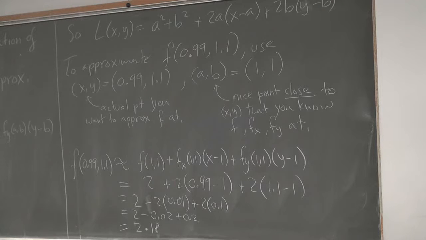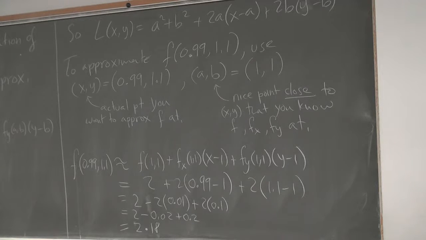First thing would be to find fx. First, you'd state yourself: use x, y equals 1.1, 0.9, and a, b equals 1, 1 would again be a nice choice. So fx would be, in this case, what's fx? 3x squared y plus 2xy squared.